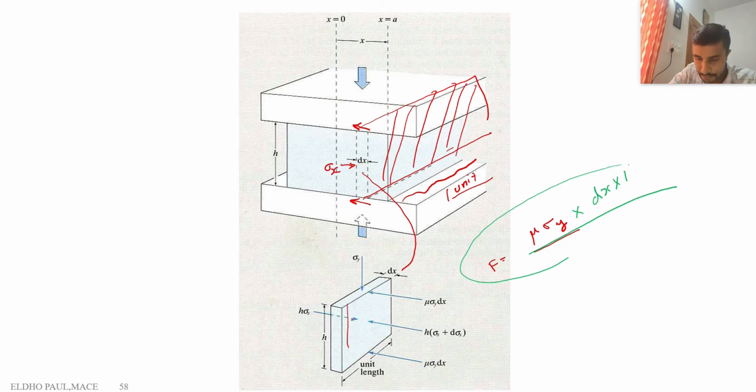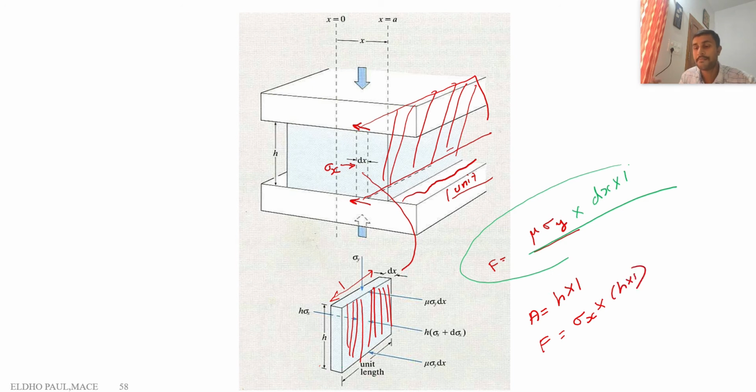The area is the height h into 1. So sigma x into h into 1 is the corresponding force. That is shown here: sigma x into h.